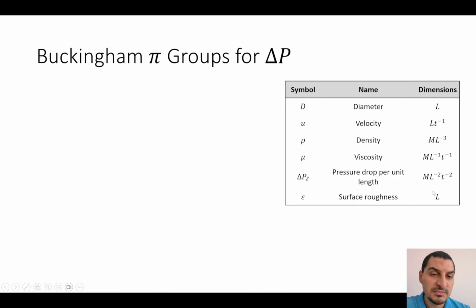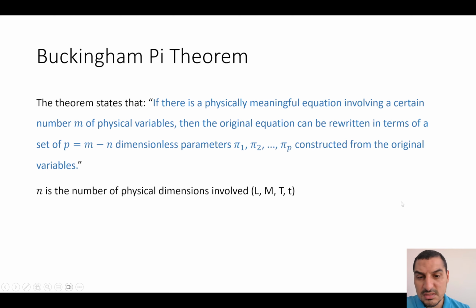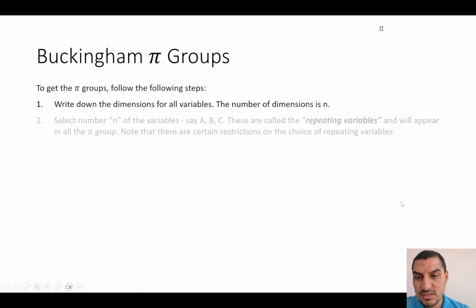For instance, diameter has dimensions of length, velocity LT minus 1, density ML minus 3, and so on. If we go back to the steps, this is step number 1: write the dimensions of all variables and calculate the number of dimensions and the number of variables.